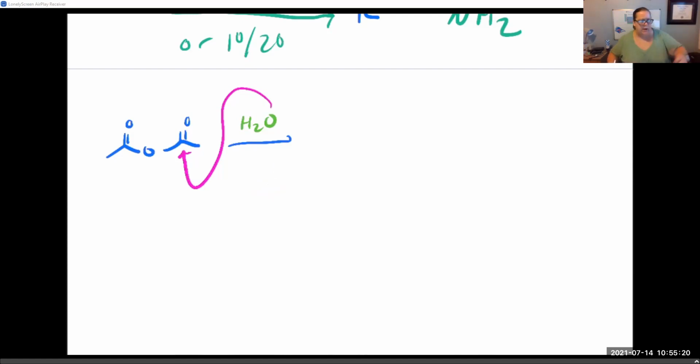There we go. All right, nucleophilic attack. Again, does it matter which one of these I attack? Of course it does not. Due to the symmetry of the molecule, I can attack either one of these carbonyls, and you don't have to worry about that. All right, so we've got our new bond.